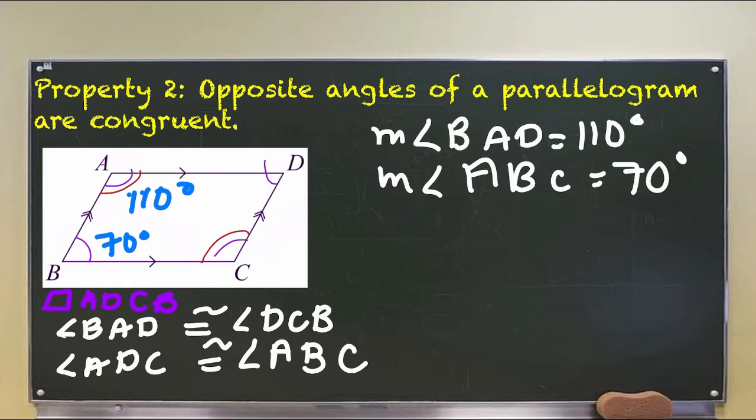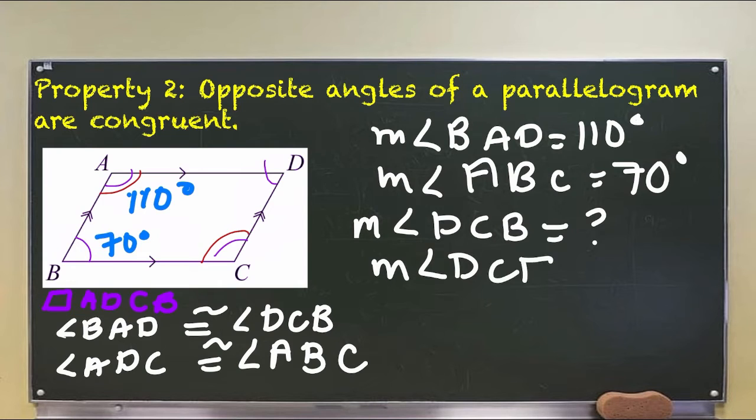So, let's start with angle DCB. Okay, so the measure of angle DCB. Ito ang ating hinahanap. So, we know that angle DCB is congruent to angle A. So, therefore, M angle DCB is also 110 degrees. Ito ay congruent. Itong angle na to at itong angle na to.